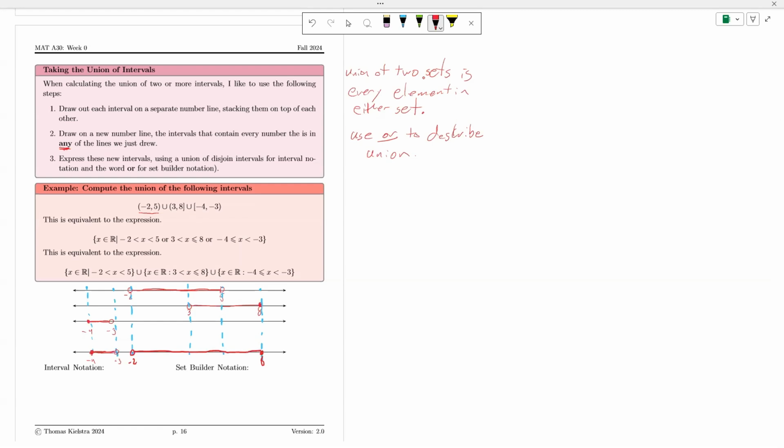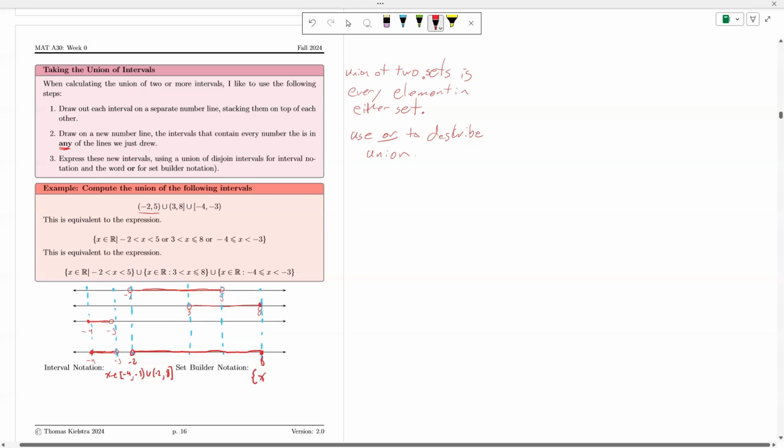And now I want to express this set. Well, this set is x in, I include -4 up until -3, union with, not including -2, up until and including 8. This interval notation is really nice here. But what about set builder notation?